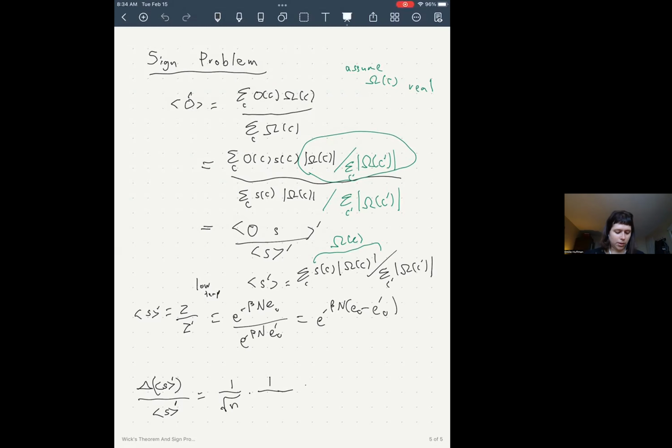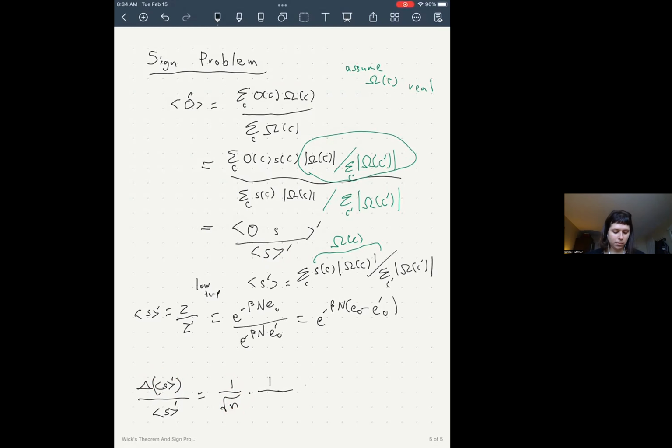However, we run into a problem when we look at the relative error of the sign, because with this quantity we want to divide by this number. This average sign is important in order to get the observable. So we can think about the relative error. Like I mentioned at the beginning of Monday, the variance of S prime goes as 1 over the square root of the number of measurements.